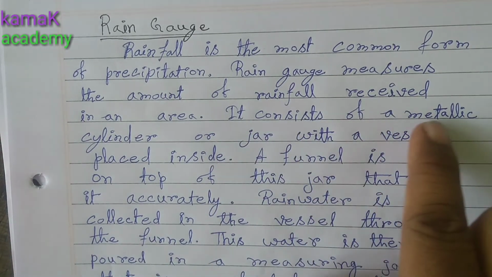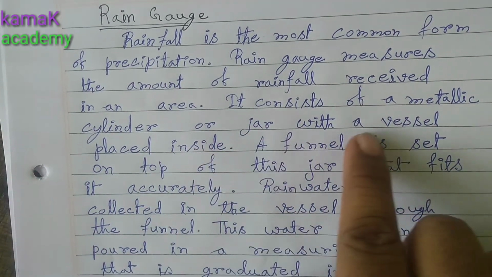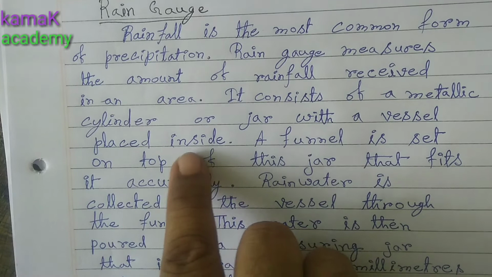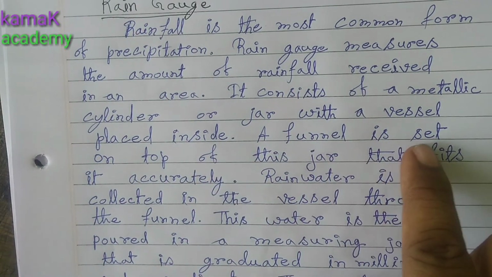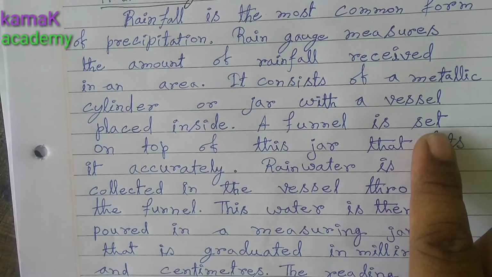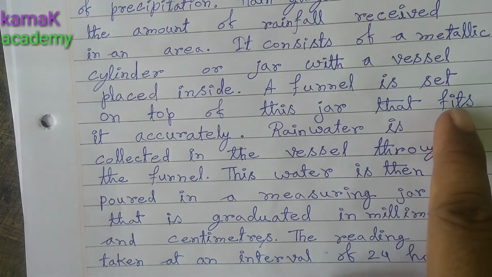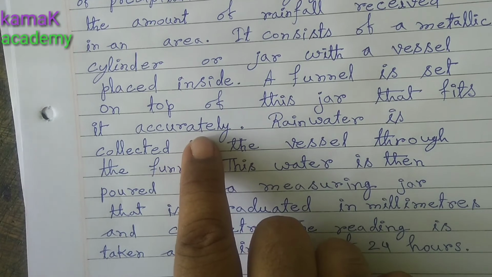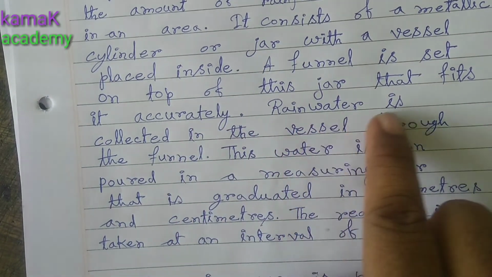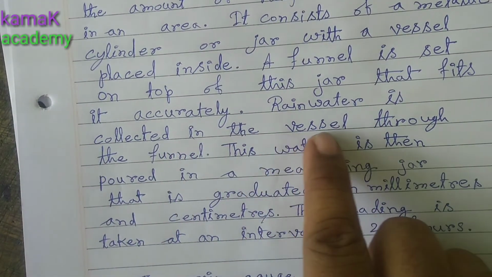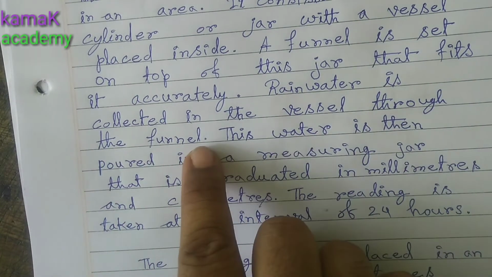It consists of a metallic cylinder or jar with the vessel placed inside. A funnel is set on top of this jar that fits it accurately. Rainwater is collected in the vessel through the funnel.